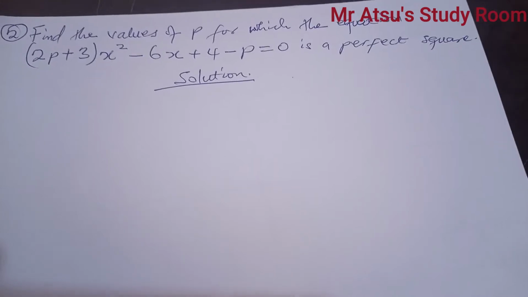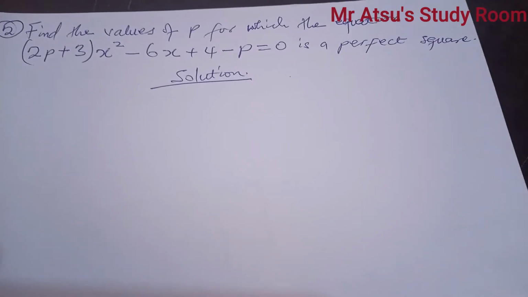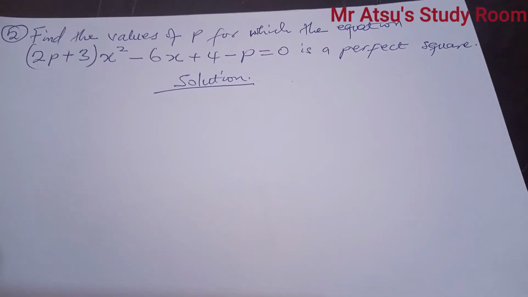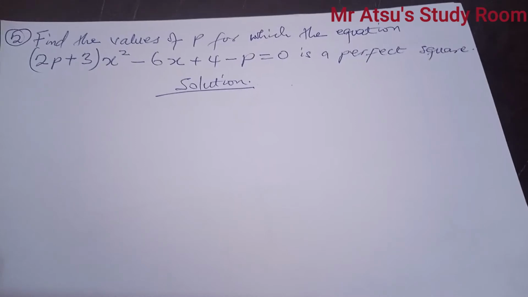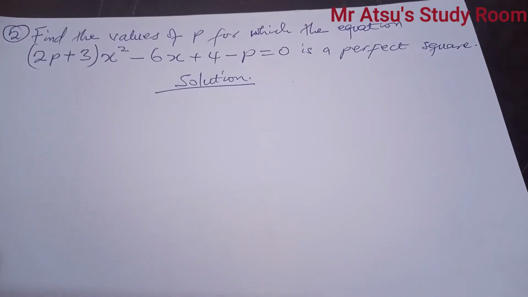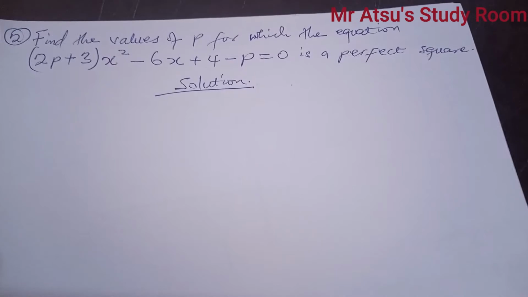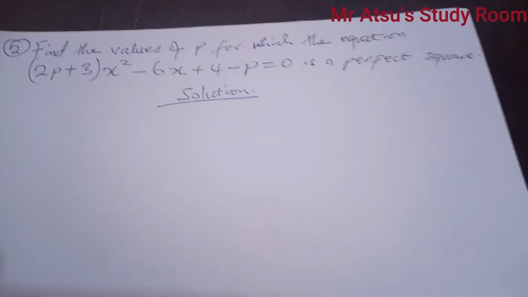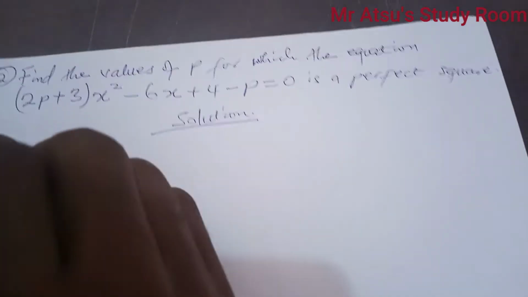So as explained earlier, if the equation here is a perfect square, then it means that it has repeated roots. And for a repeated root, the discriminant is equal to 0. So you go and write that.